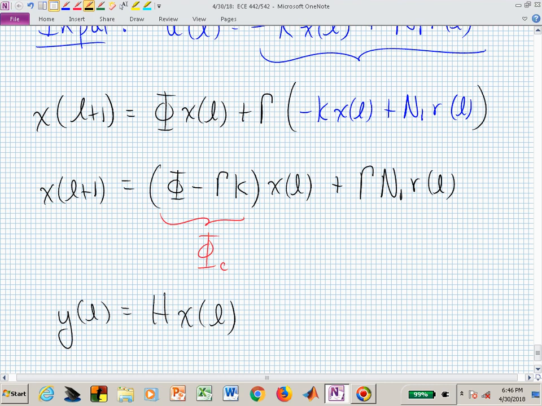That will have to be done after class, but I hope you understand what I'm trying to say. We can adjust the DC gain of this closed loop full state feedback system by the choice of this parameter N sub 1. And that's what I want to show or derive after class. But that should help you complete homework number 8 along with lecture 8.3.